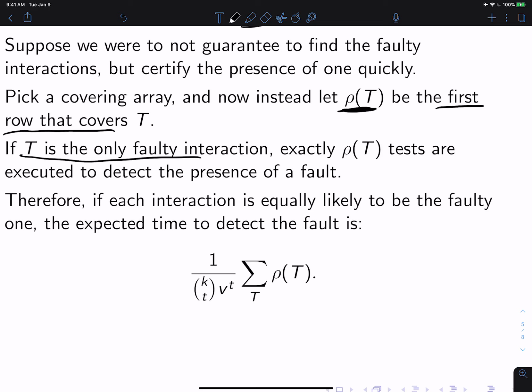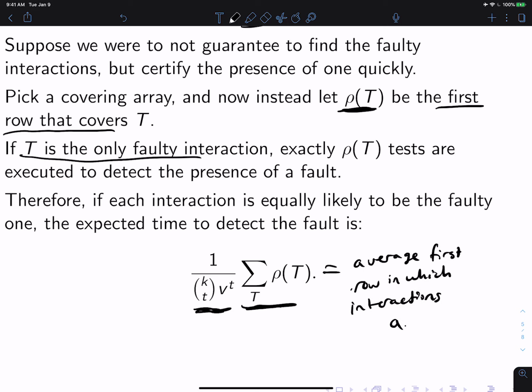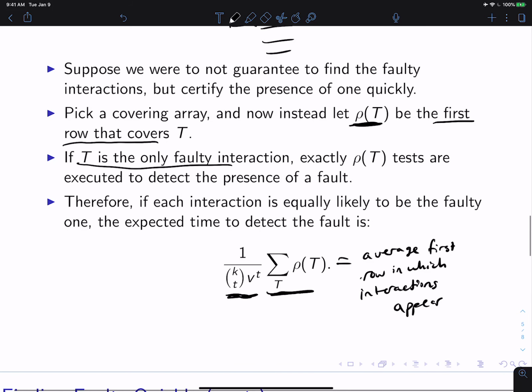So it's the sum over all the row values, which are the rows in which they appear, divided by how many interactions there are, which is k choose t times v to the t. So in English, this is just the average first row in which interactions appear, because the row values in this case are just the first time that the interaction appears.